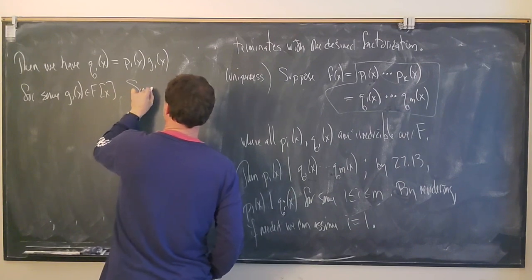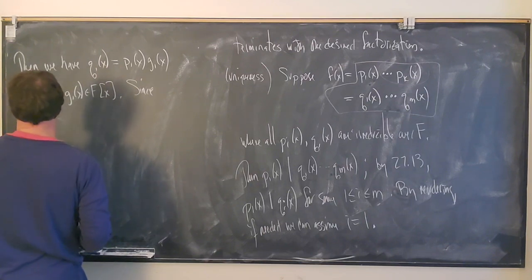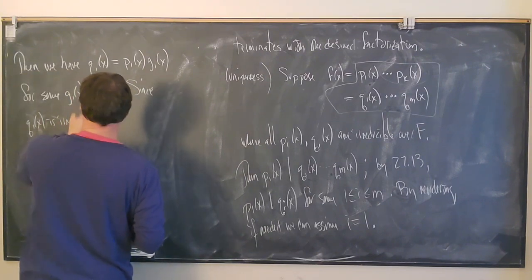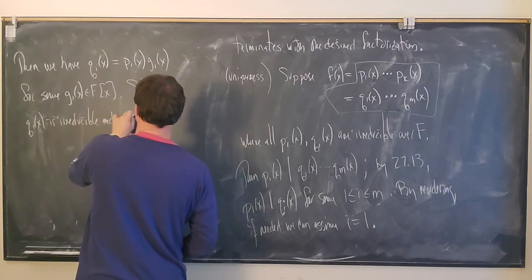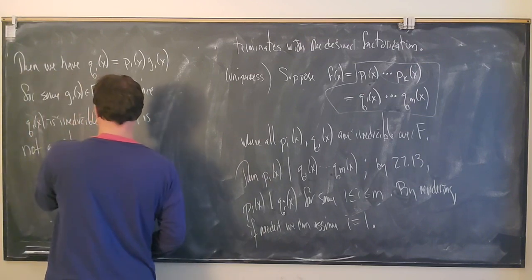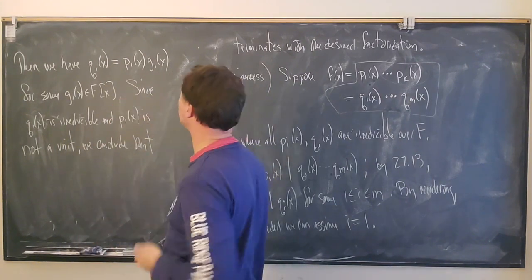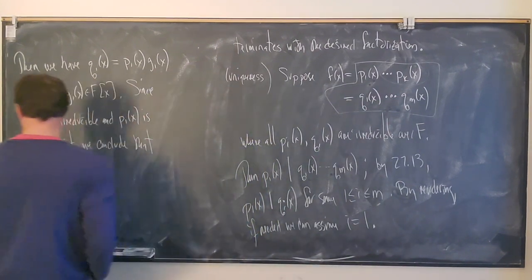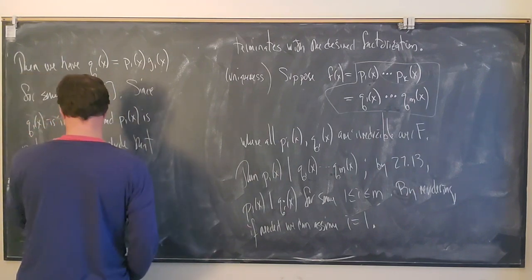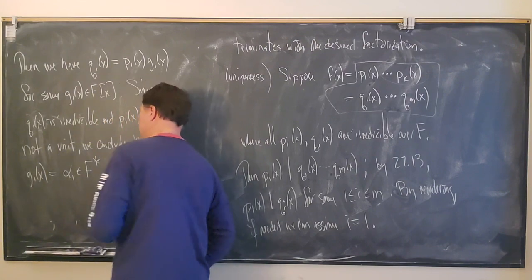So since Q1 of x is irreducible, and P1 of x is not a unit, we conclude that G1 has to be a unit, so that we can say that G1 of x is equal to, say, alpha 1 in F hat. G1 has to be a unit.